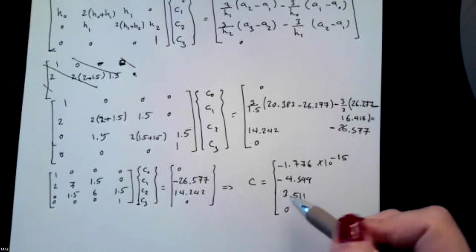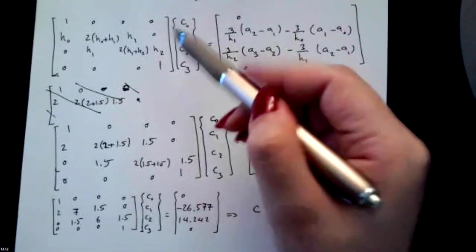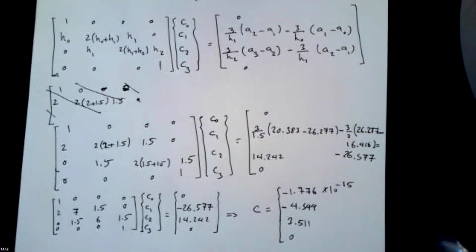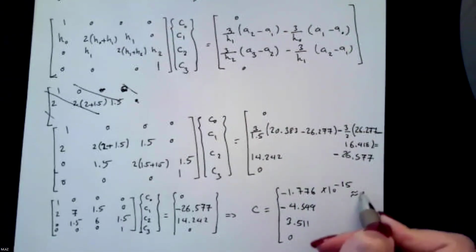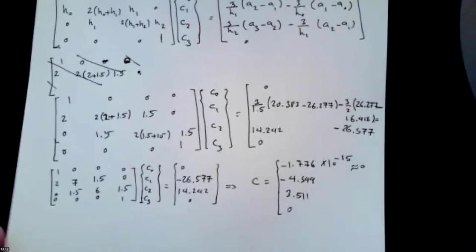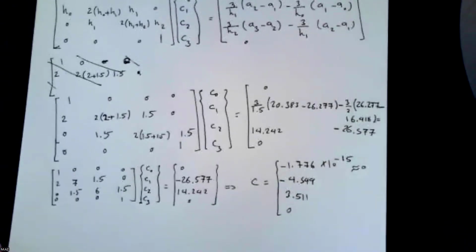And this is correct, because we know that the value of the C naught and C sub 3 is 0. We can say this is approximately 0. Once we find the C, then we plug into the equations of D and B and find the value of these coefficients.